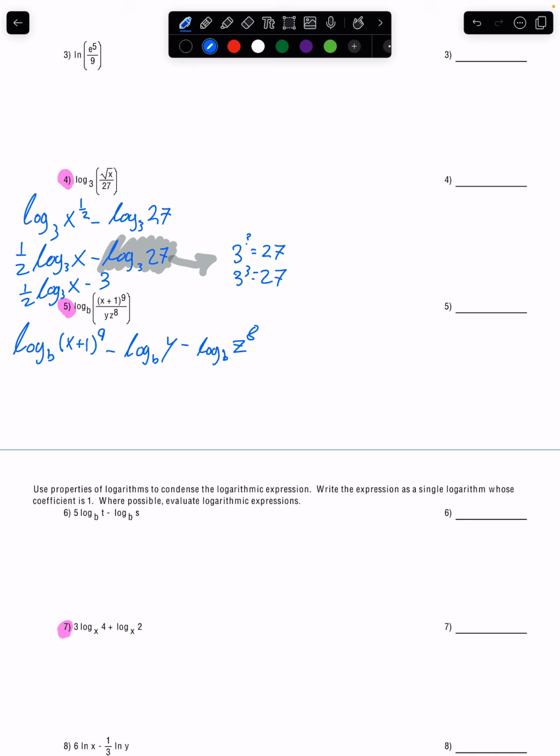As shown previously, we can take these exponents and just multiply them by the log. So we can simplify it to 9 log base b of x plus 1, minus log base b of y, minus 8 log base b of z. That would be your final answer for this one.